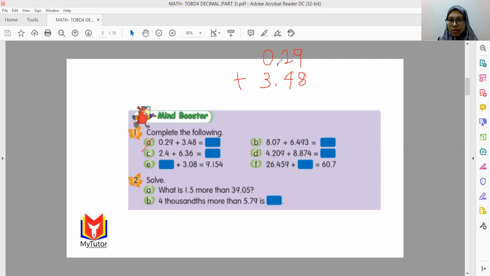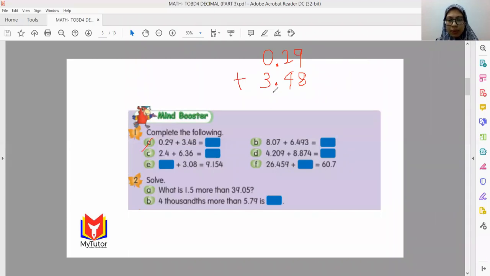Decimals and decimals, the placements of the decimal points have to be in line. Decimals follow decimals, cannot be any other places. You cannot put 0.29 over here and then suddenly put 3.48 over here. No, decimals have to follow decimals when you are calculating.